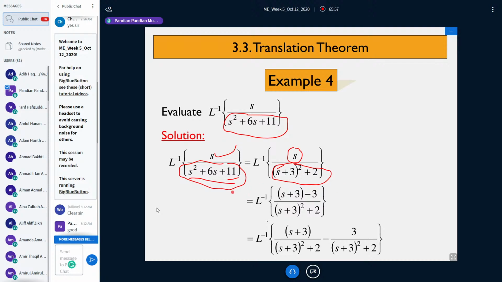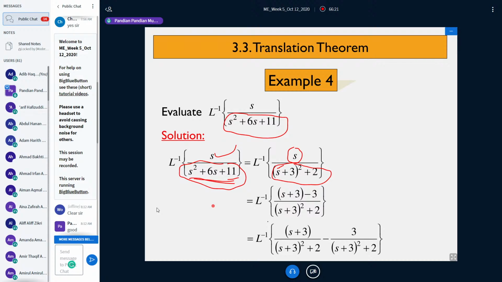But in order to settle this case, S squared plus 6S plus 11, we have to use completing the square. Please write down this word. Completing the square. This is another term, nothing to do with partial fraction. That is another way.